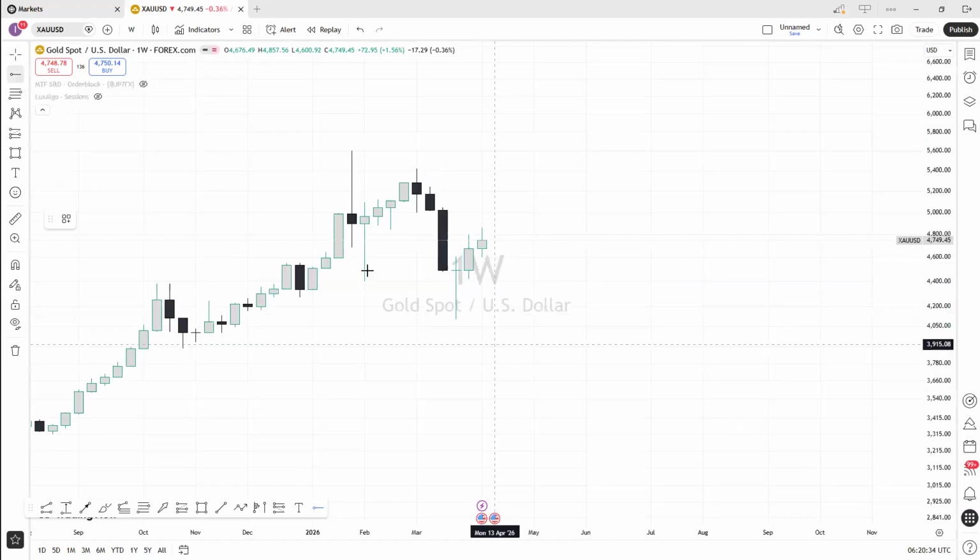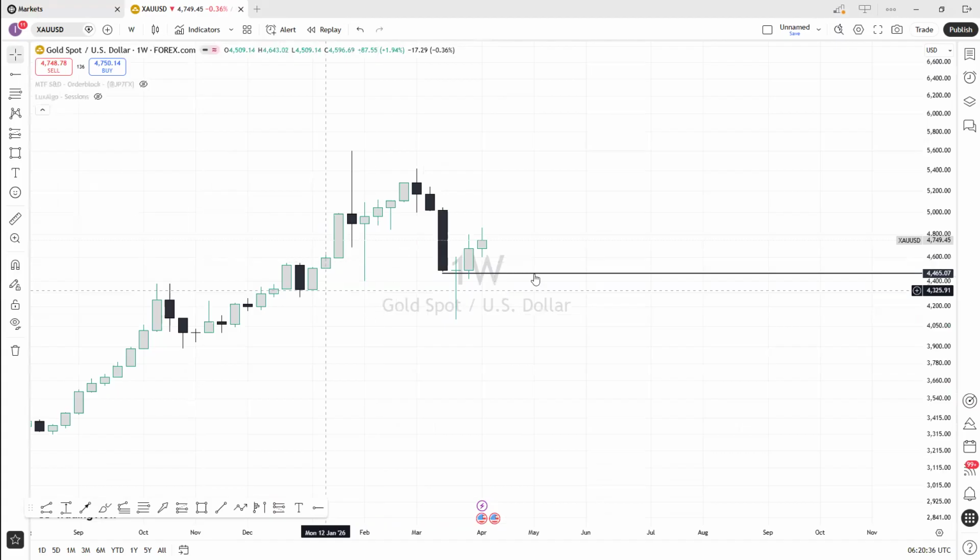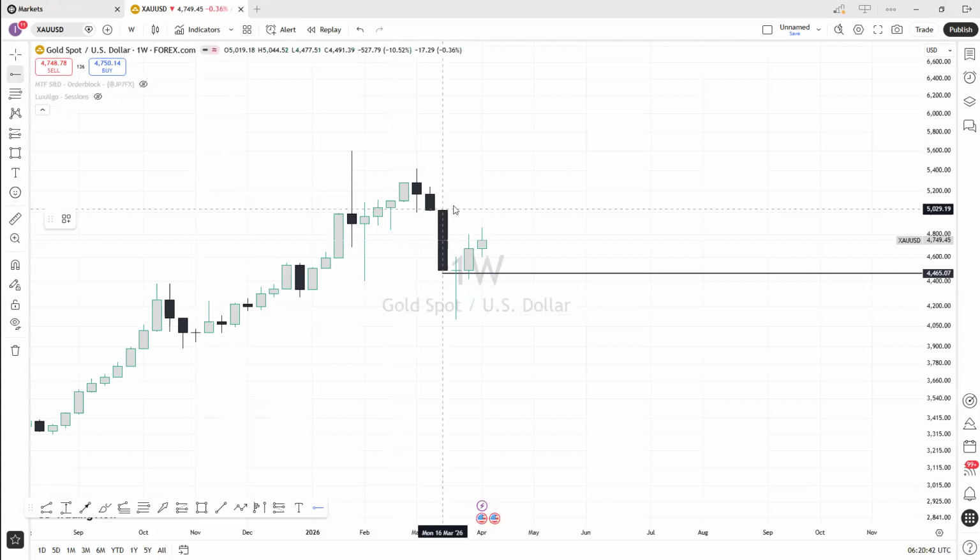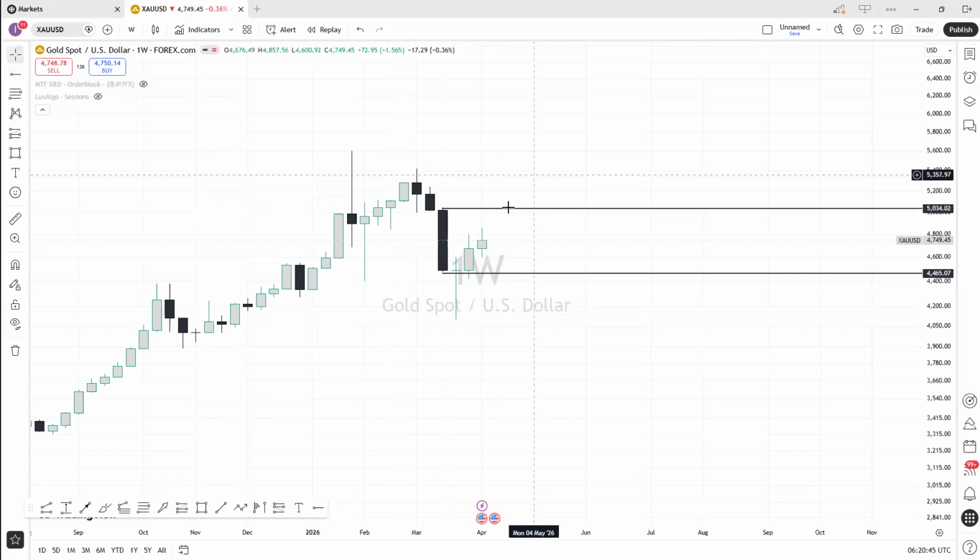Here we have this manipulation candle on the weekly time frame. So we are in a distribution move until price takes out this weekly CRT high, which is around 50.34.